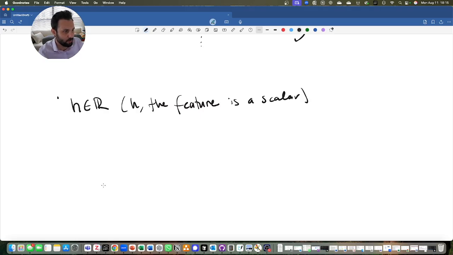So I have this H, and I can go ahead and place my positive and negative samples with this H, because this is my data set.